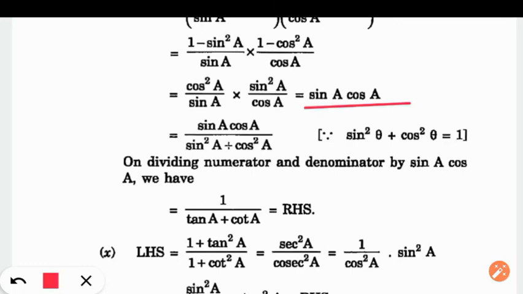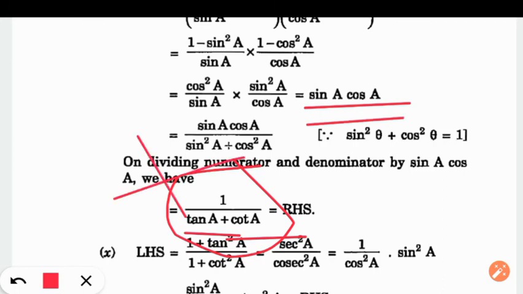Now bring RHS. Write RHS. Break this tan A and cot A into sin and cos. You will get the LHS.